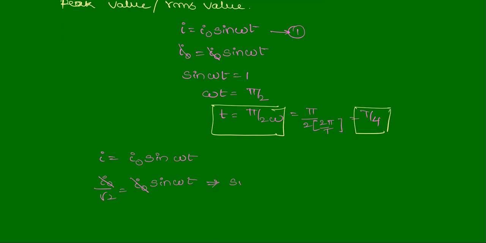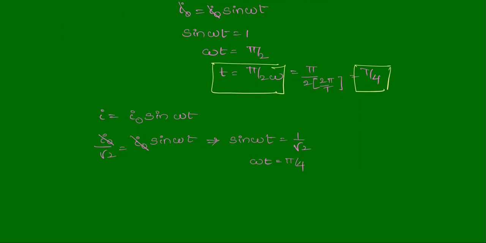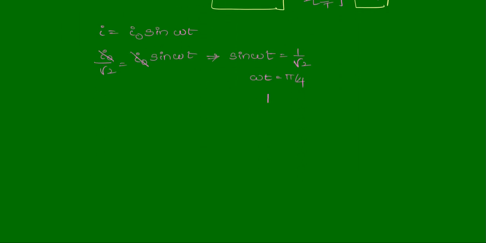From this, sine omega t is equal to 1 by root 2, or omega t is equal to pi by 4, or from this t is equal to pi by 4 omega, or else we can write pi by 4 into 2 pi by T, which will be equal to T by 8 seconds. So this kind of questions you can expect, in what time the current reaches a peak value or a maximum value, and you can solve like this.